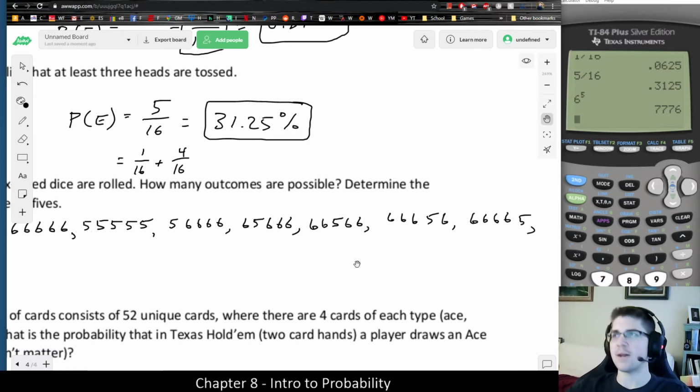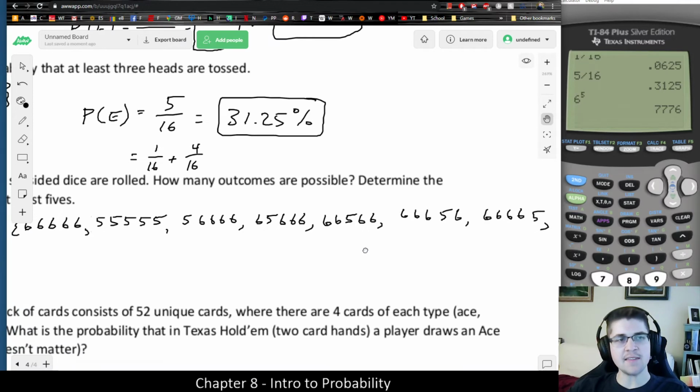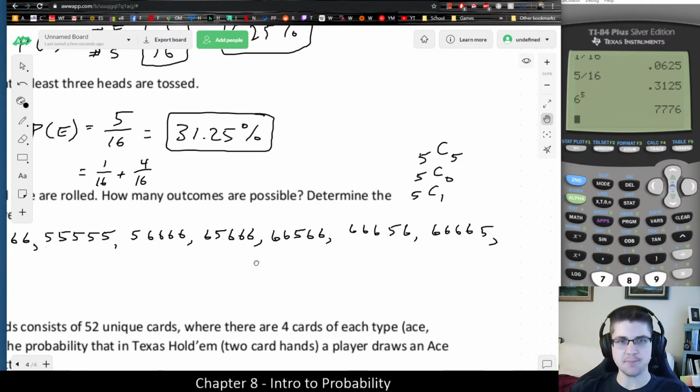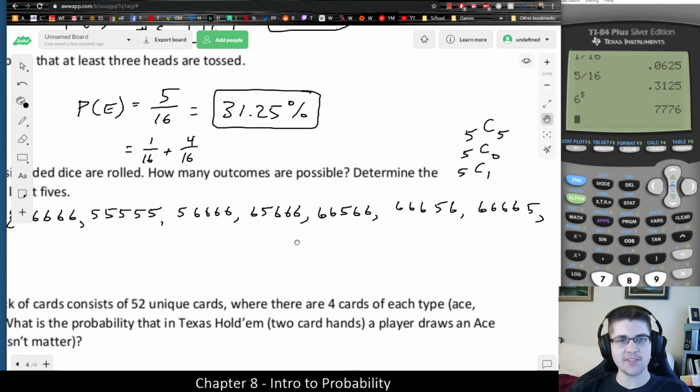Those are all the possibilities of having one 5, and I notice that would be 5 ways of doing it. The math here is 5 choose 5, 5 choose 0, 5 choose 1. If I add up all of those, that's going to be the sum of the number of events in this particular case. But let's go ahead and just finish.